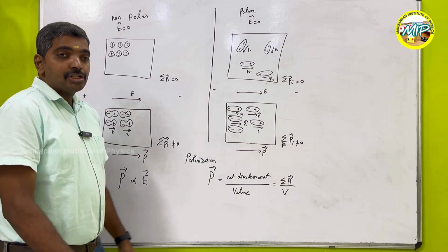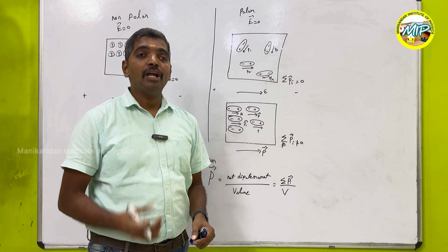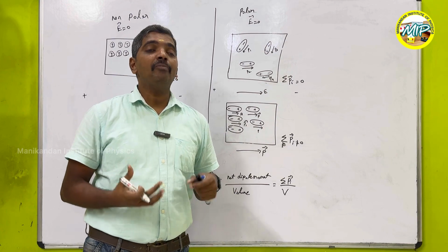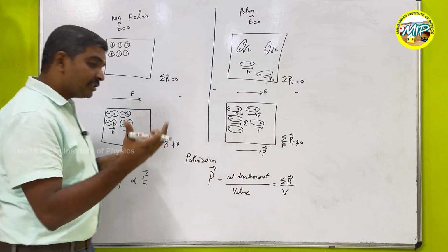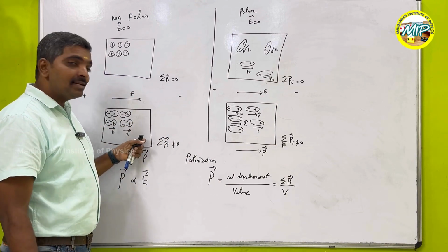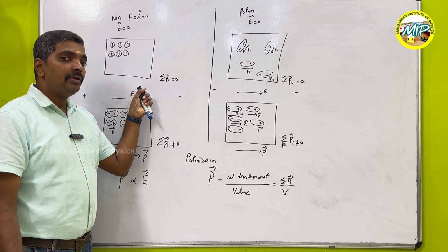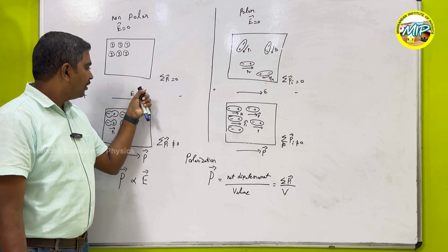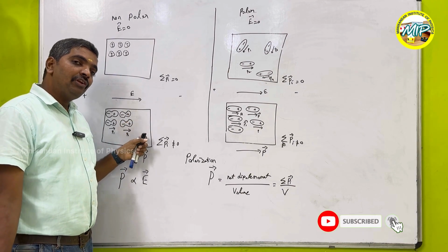So is it only depending upon the electric field? No. It's also depending upon the nature of the material, what kind of material you are choosing. Listen, if I choose some material X and apply an external electric field of 5 newton per coulomb, the polarization is different.